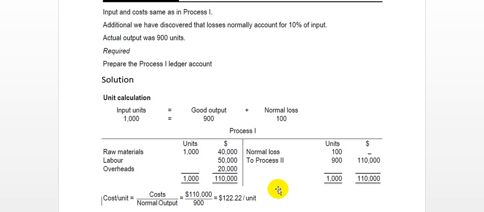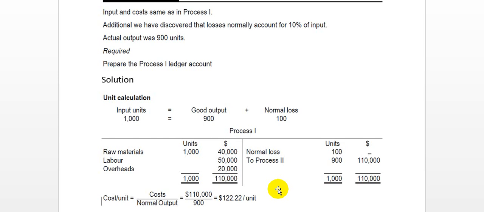So we continue with the same example we looked at earlier on. We now assume that there is a loss of 10%. 10% of 1,000 gives us 100. So if 100 is a loss, then the good output will be how much? 900.